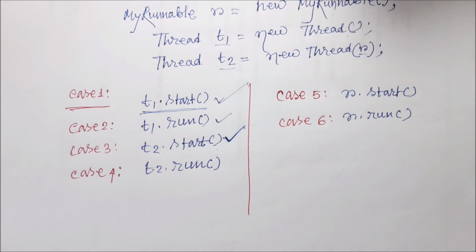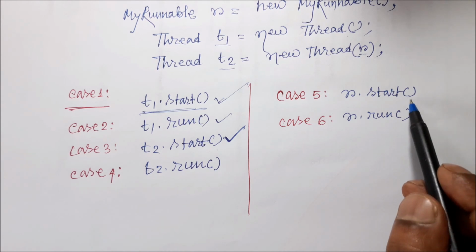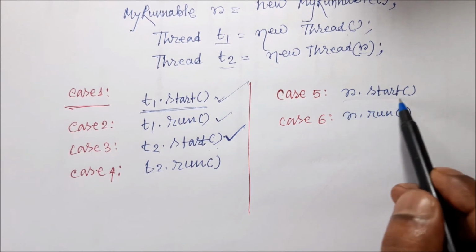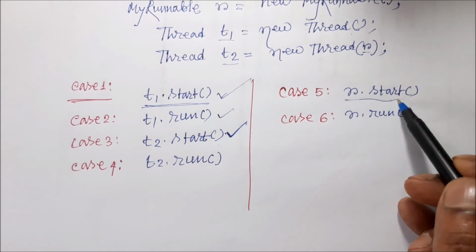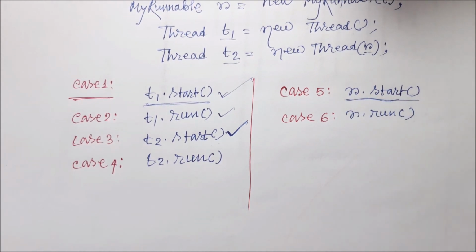So we will get a compile time error saying that my runnable class does not have the start capability. It will give the message: can't find symbol, method start, location class MyRunnable.